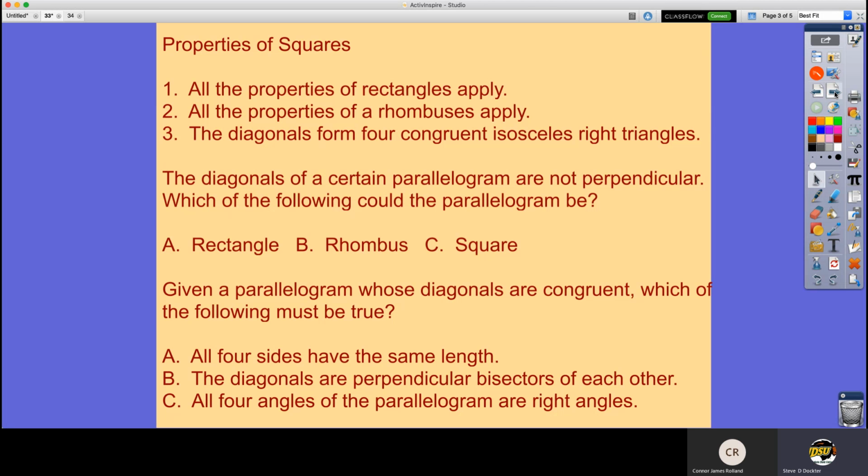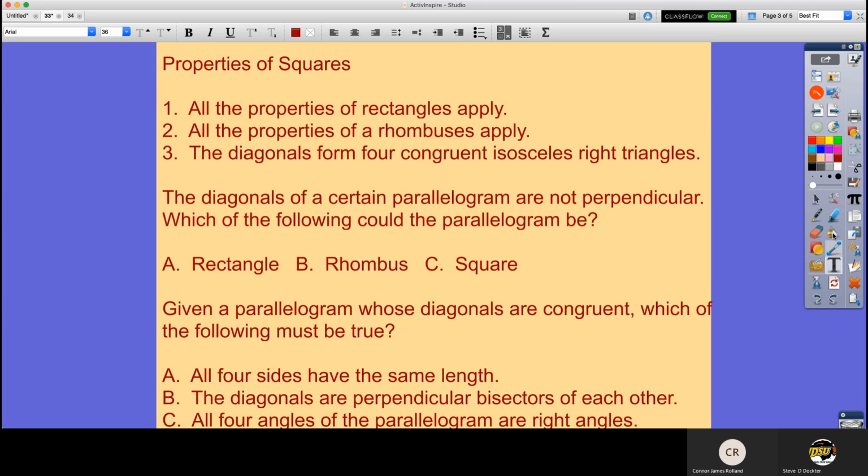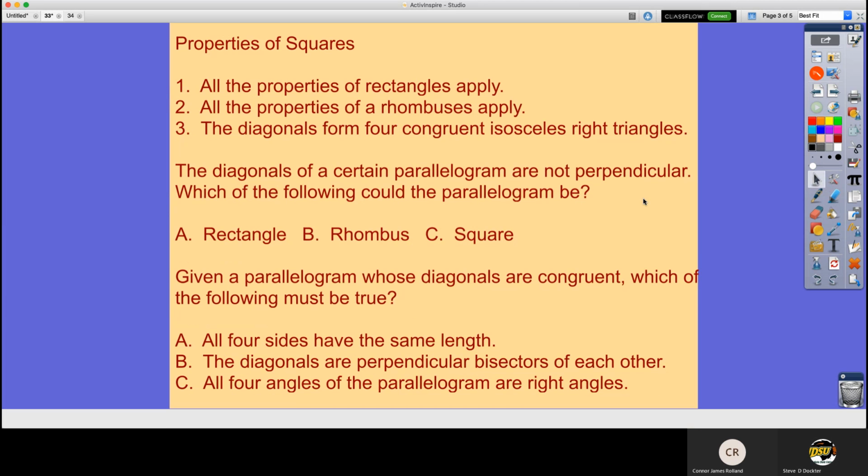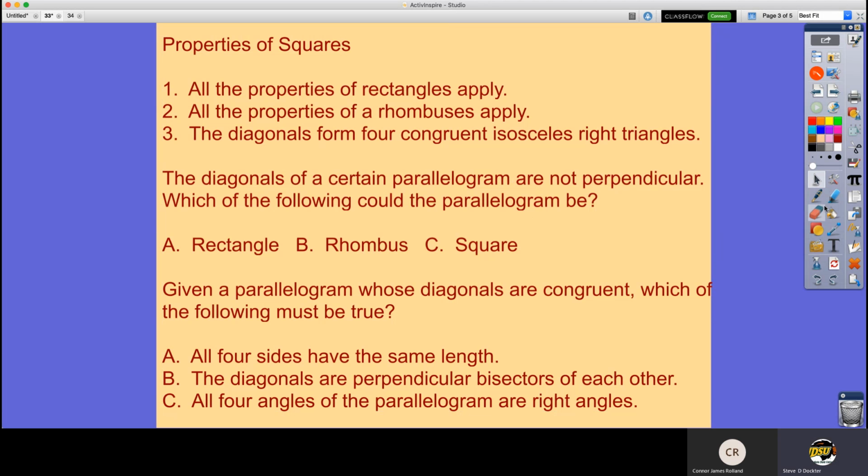The diagonals form 4 congruent isosceles right triangles, which is not necessarily the case in any of the rest of them. And then down below, those are just 2 questions that they might ask you in the homework.